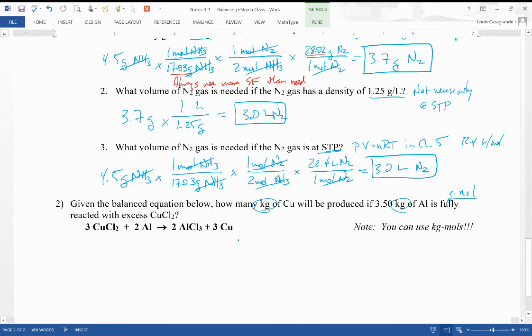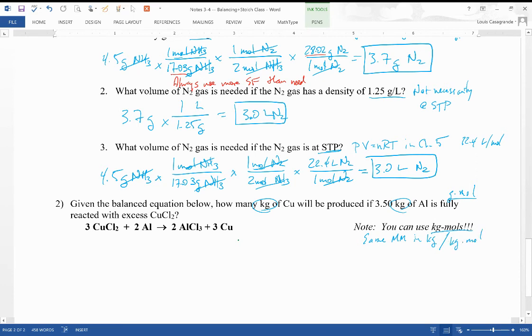But for the molar mass, you can multiply the molar mass by 1,000 and you'll get kilograms, and that will be for a kilogram mole. So a kilogram mole is just the same molar mass in kilograms per kilogram mole.